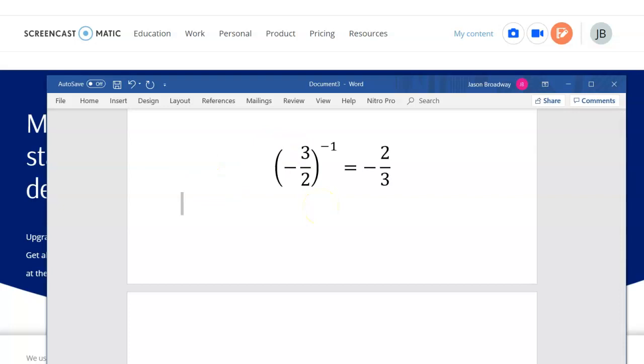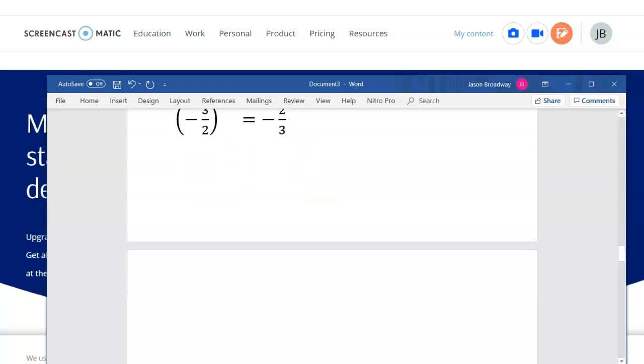Now, there's only one number that does not have a reciprocal. 0. You remember we said we couldn't divide by 0? So 0 has no reciprocal, so 0 to the negative 1 is undefined.